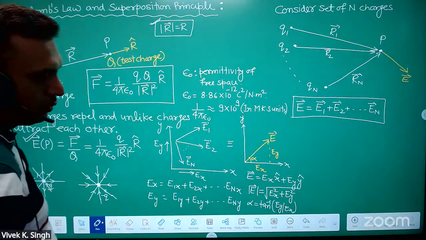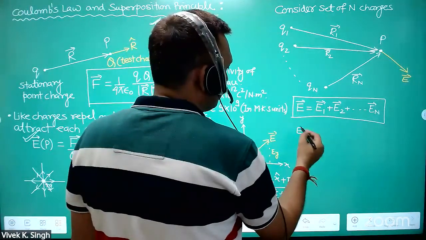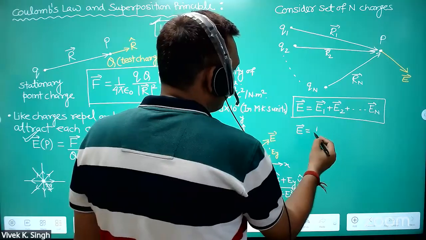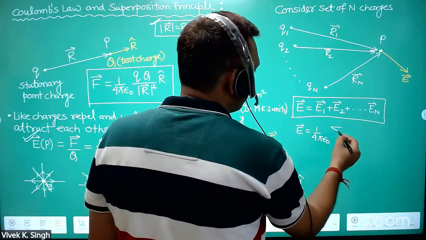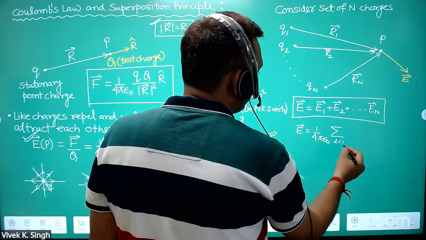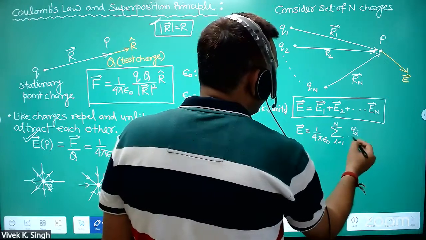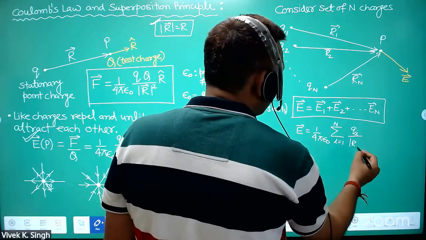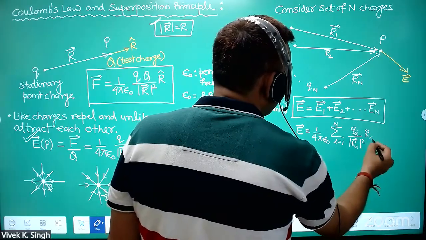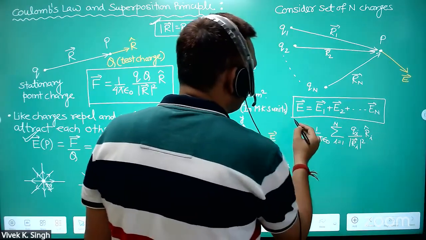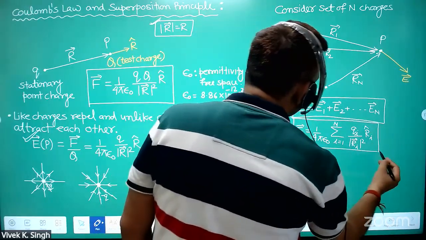So please note down. Now we can write this as 1 by 4 pi epsilon naught summation over i from 1 to n, Qi by mod Ri square, Ri cap. ठीक है?